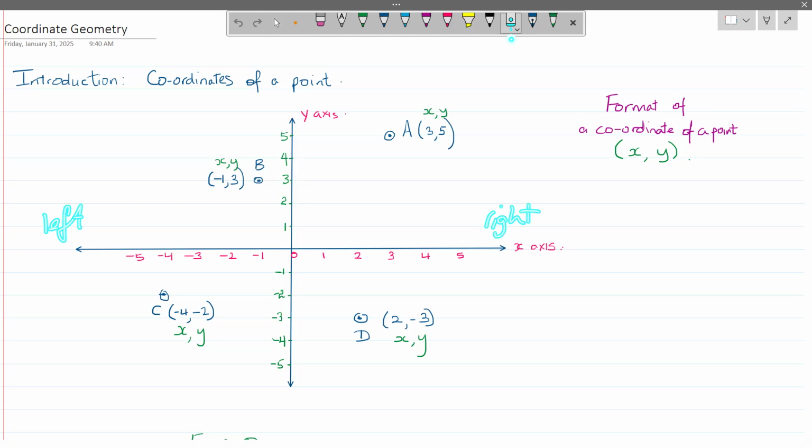That's called our x-axis. On the right-hand side, we have our positive numbers, increasing in this direction, and on this side is increasing in terms of negative numbers heading to the left.